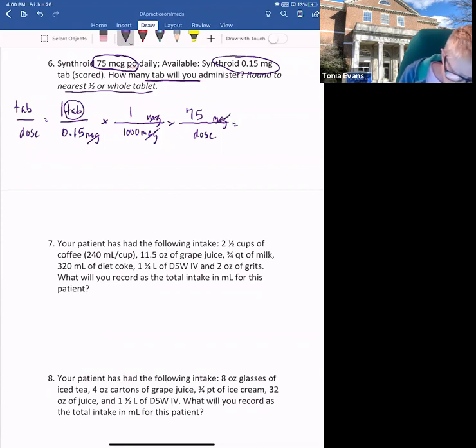So that cancels out my mics. I've got tabs per dose left, nothing else hanging out. And we've got 75 divided by 0.15 divided by 1,000 equals 0.5. And I'm going to round to the nearest half or whole. We've got half here, so 0.5 tabs per dose.